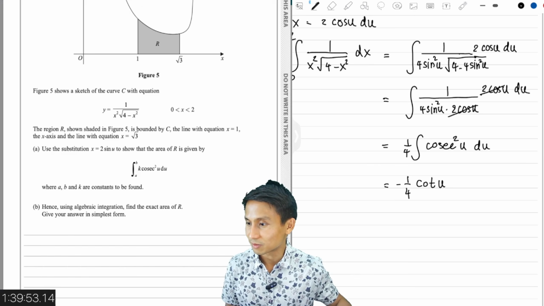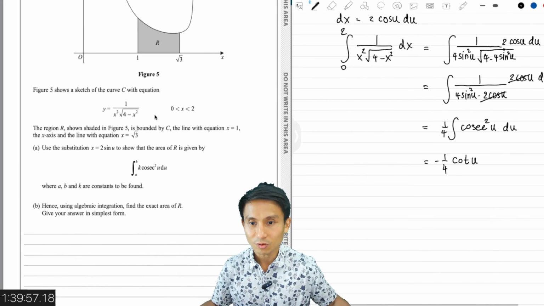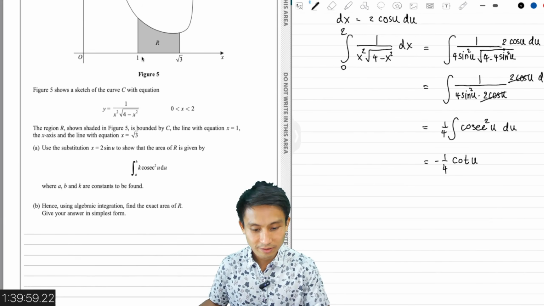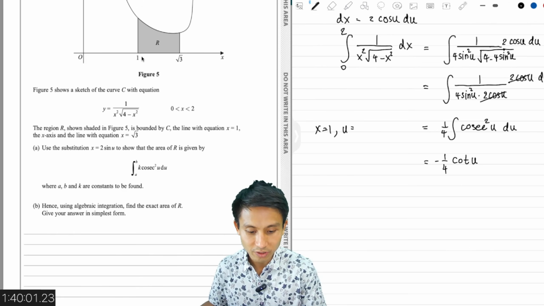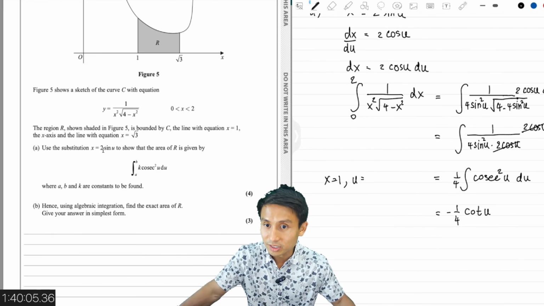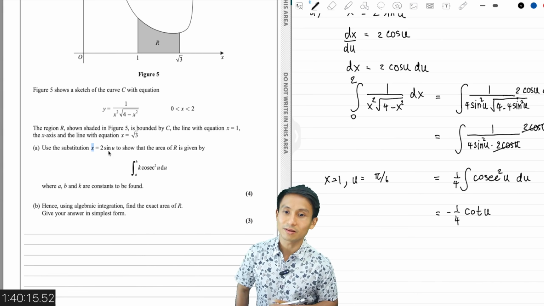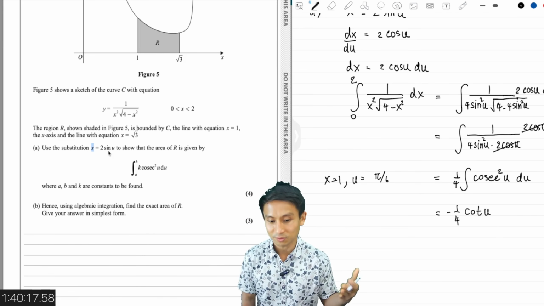Okay, let me show back the paper here. The bounds, right? So x is 1. At x equals 1, then u equals what? Because the substitution here is x equals 2 sine u, so we put x equals 1 there. So sine u will be a half. That means u will be pi over 6, because sine 30 degrees or sine pi over 6 is 1/2.